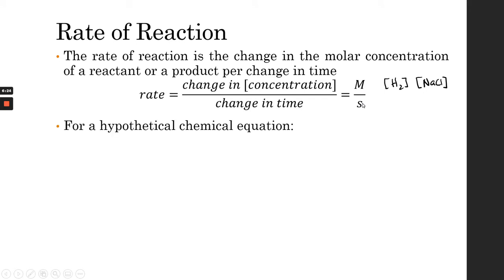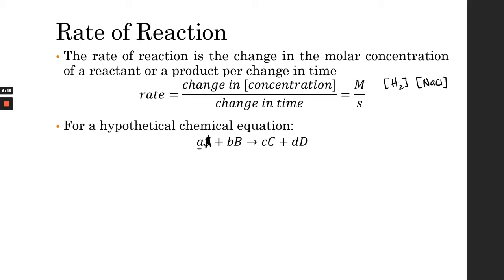So for a hypothetical chemical equation, aA plus bB proceeds to cC plus dD.